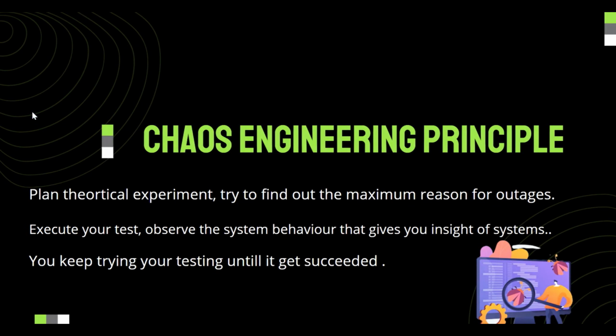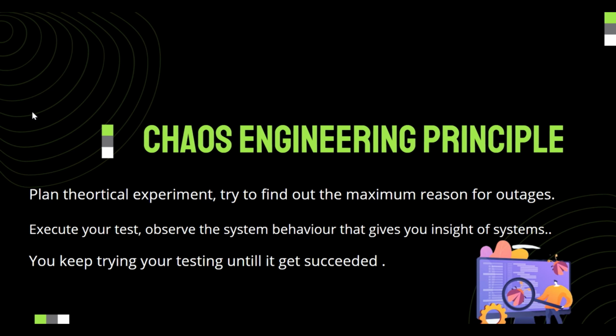Plan a theoretical experiment, try to find out the maximum reasons for an outage. It means that you create the hypothesis, you check what are the regions where your system may fail, right? After that, you prepare your test, execute it, and observe the system behavior. You keep trying it until you succeed, right? So let's suppose that at the starting moment you are creating only 3-4 cases, right?